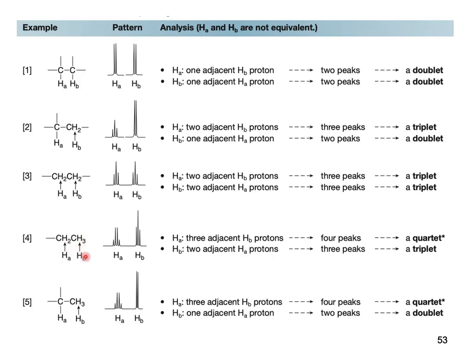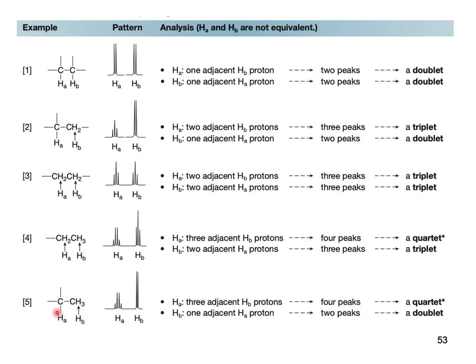It is 3. 3 plus 1 is 4, so we get 4 peaks, a quartet, giving information about the neighboring protons. Hb has two adjacent protons, 2 plus 1 is 3, three peaks, a triplet. So this will give the quartet information, and this will split into a triplet and give the information about the nearby protons.